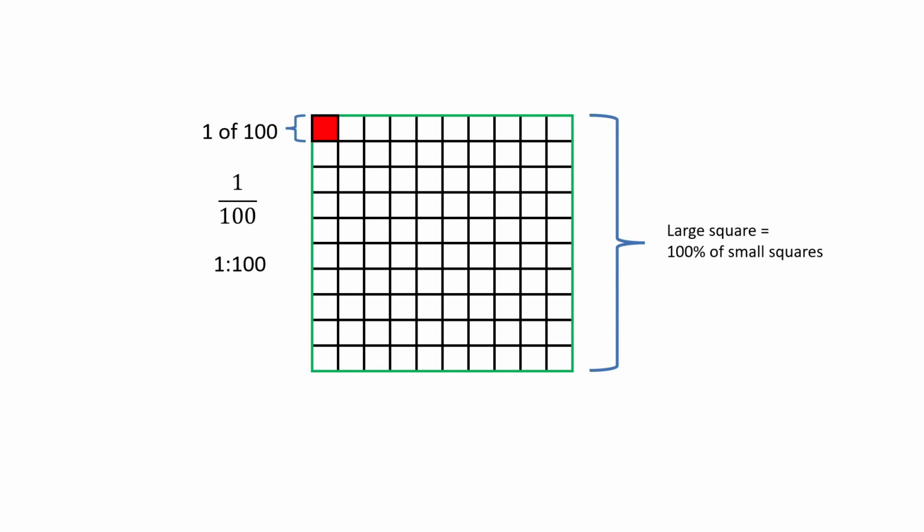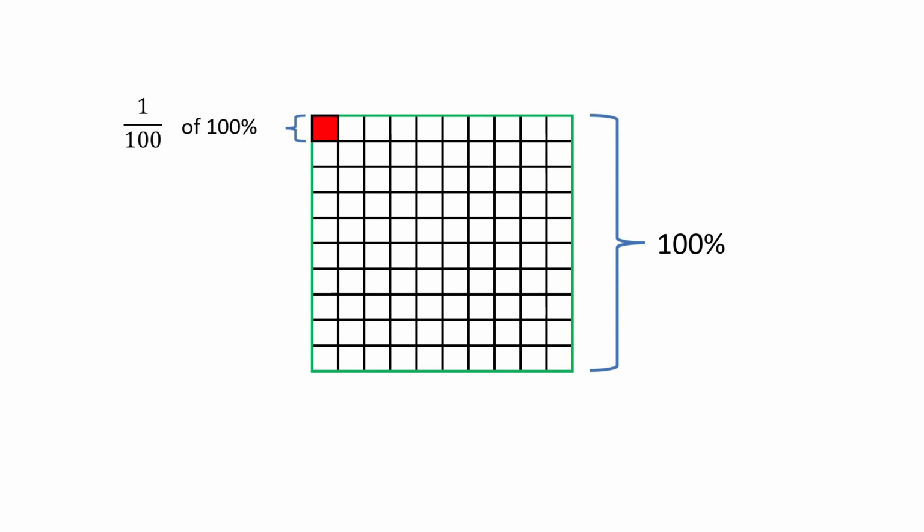That's nice and clear and easy to understand, because not all percentages are so basic and so easy. Not everything is an amount out of 100. But let's start with this. If the large square here is 100% of the small squares, how much is one of the small squares?